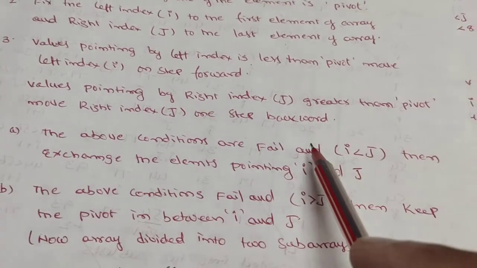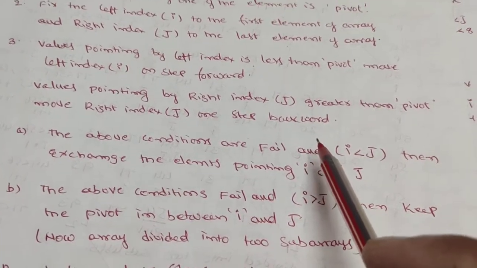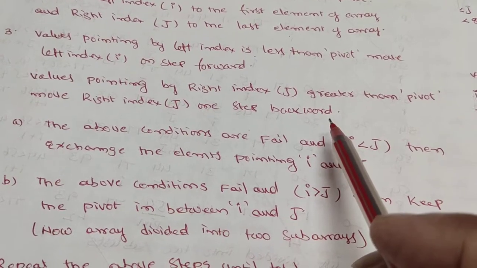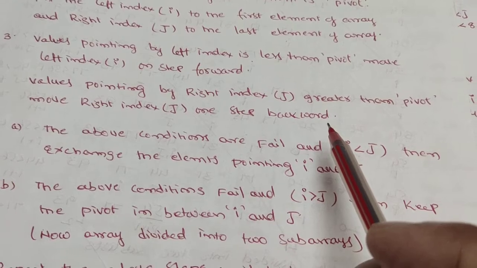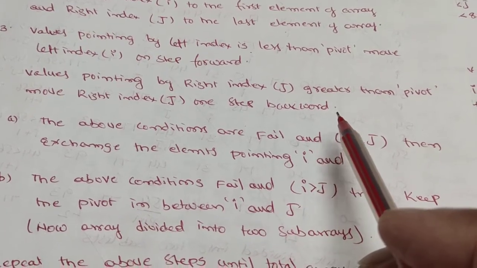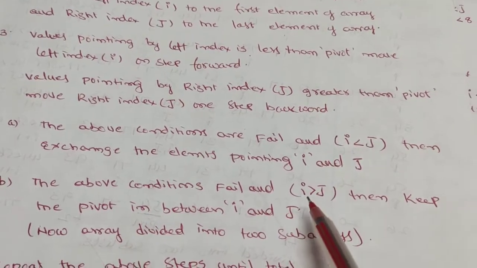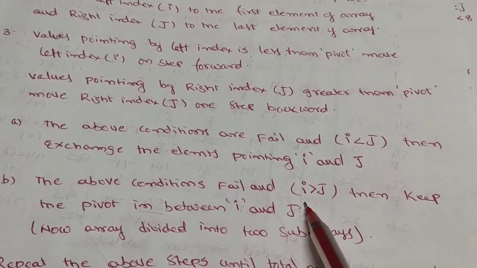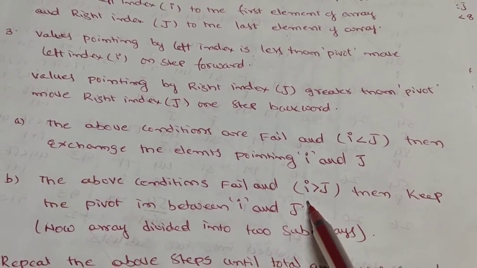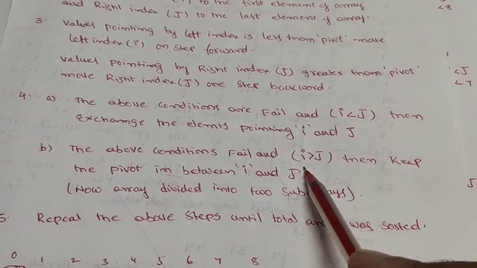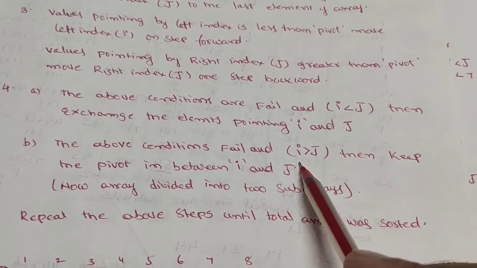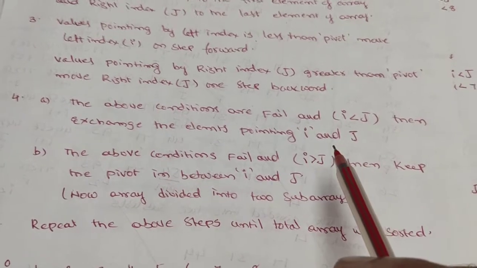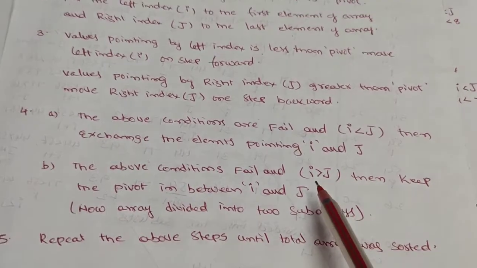Otherwise, if the values pointed to by the left and right indexes are not less than the pivot and not greater than the pivot, and the index value i is greater than j, then we keep the pivot element between i and j. That means we have fixed the pivot element in its right position.